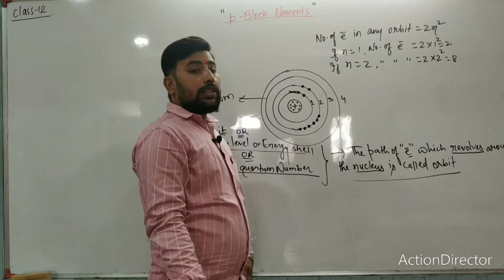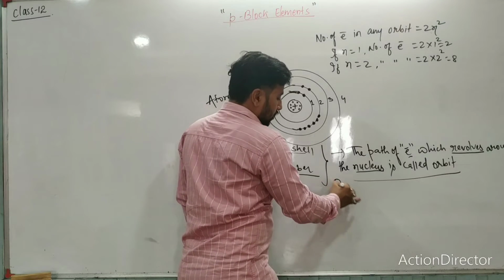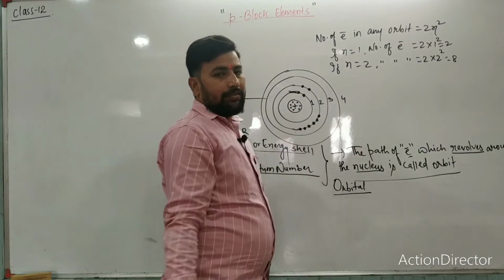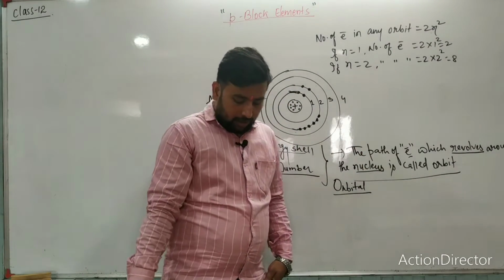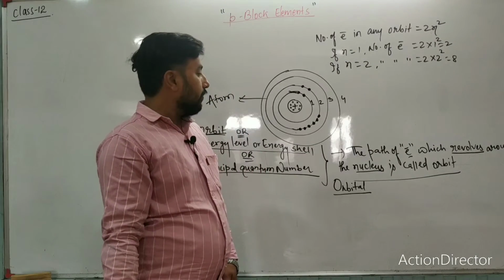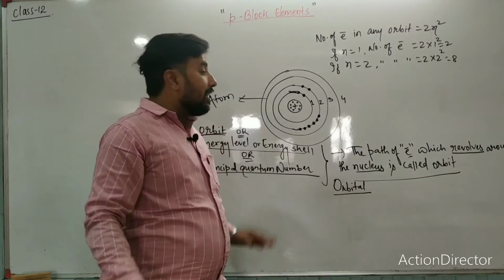Now question is about orbital or orbital, whatever you say. Orbital or orbital is just in pronunciation. Do not judge by this pronunciation that what is orbital or what is orbital. So now question is about the orbital. What is orbital?